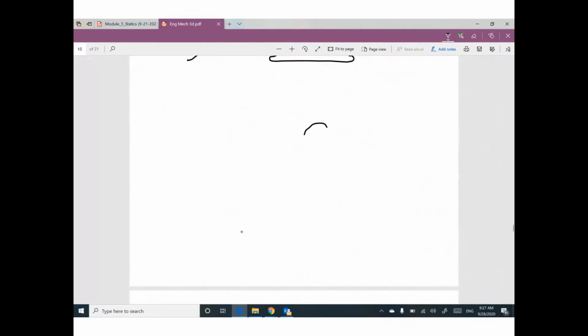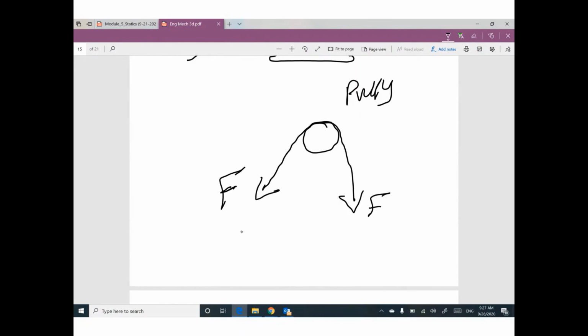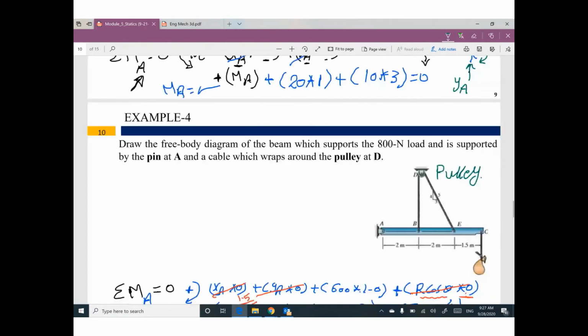If you have a pulley and you have a rope or cable around this pulley, this force will be the same as this one. That means for this beam, if you would like to redraw it, we have here a force F, the same as this one.